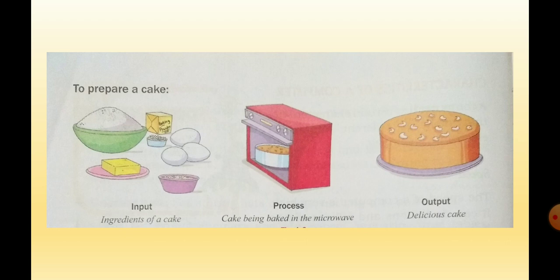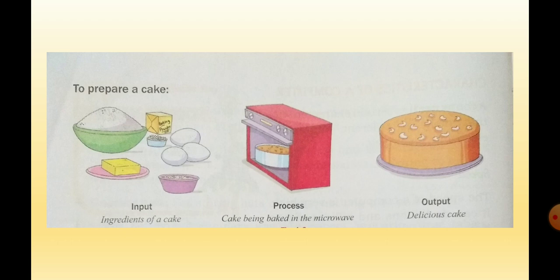Say, first you will put the flour or the eggs, then all these things. Then you will mix it well, put it in a bowl. Then this is what your work is: input. Input is something that you are giving. So our work is only this much.